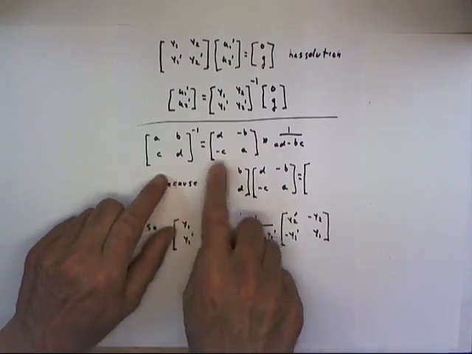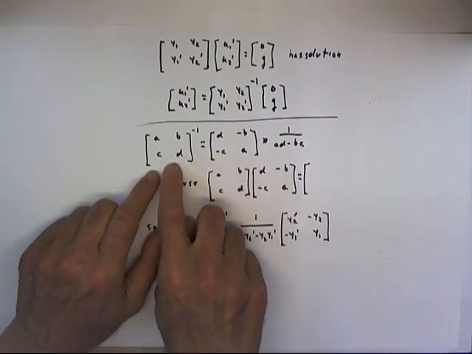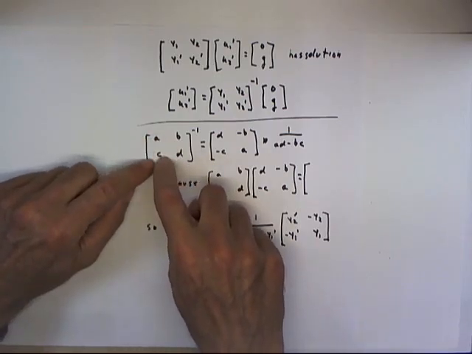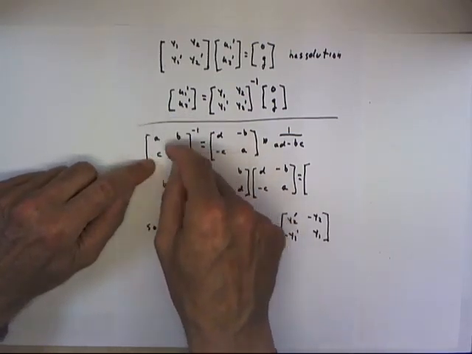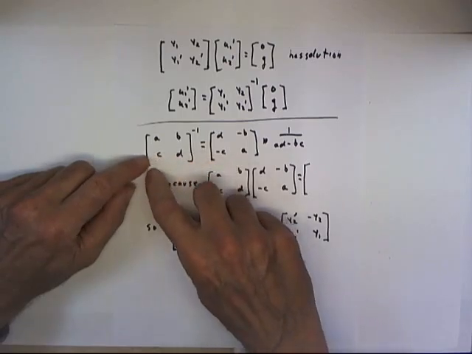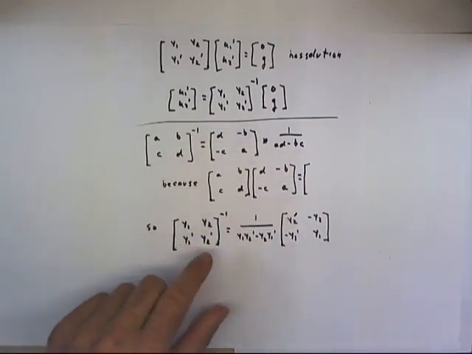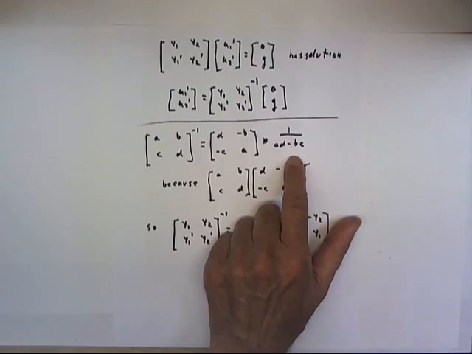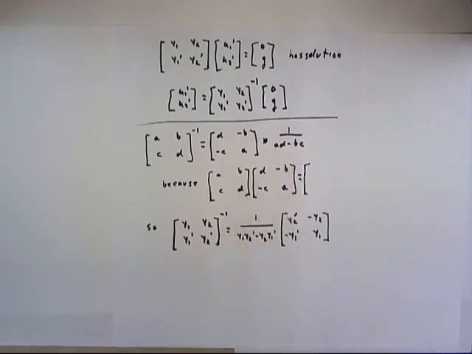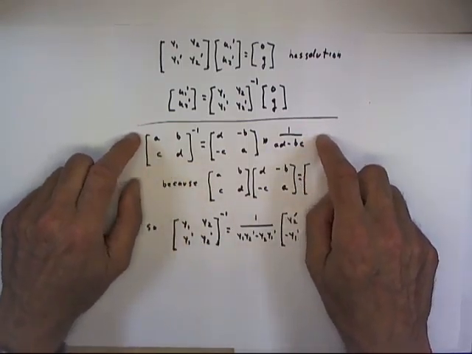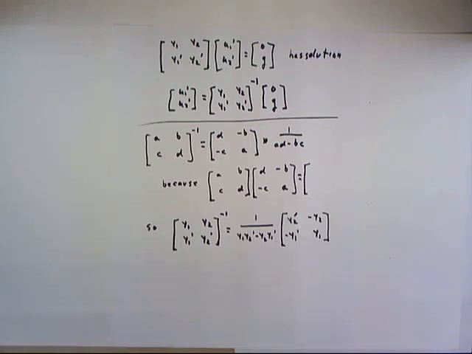So again, to invert a 2 by 2 matrix, we just switch A and D, we change the signs of C and B. We switch the main diagonal, we change the signs on the secondary diagonal, and multiply by the reciprocal of the determinant. Now that works. It works because why?